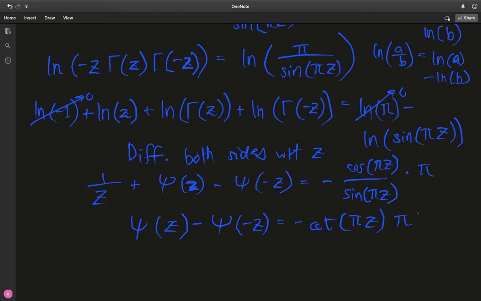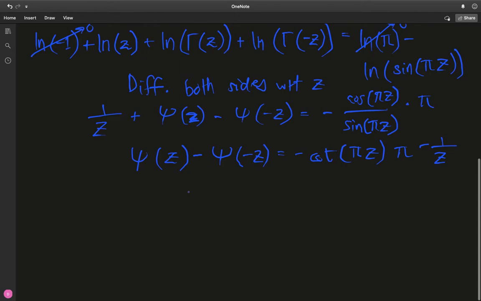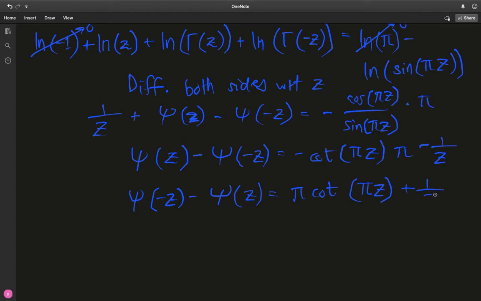And when we take this on the other side, we have -1 over z. And since there are a lot of negatives on this right hand side, let's multiply by negative on both sides. So we get the digamma of -z minus the digamma of z is equal to just the positive of this now: pi times cotangent of pi times z plus 1 over z.